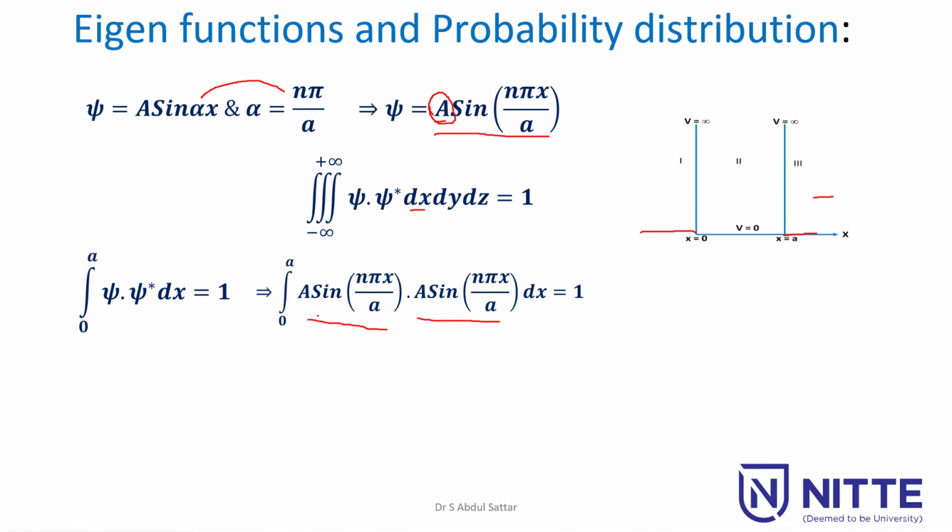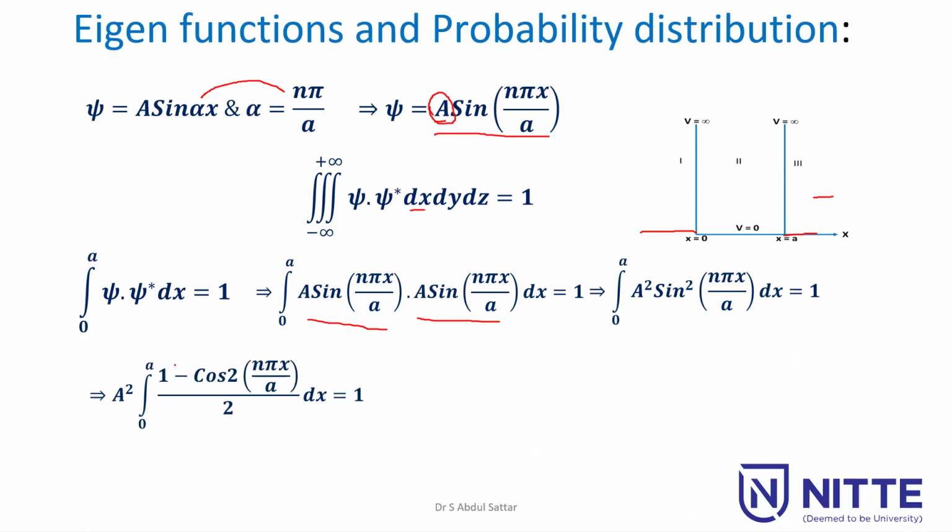This becomes A square integral of sin square n pi x by a dx equal to 1. So A square is a constant that can be taken out of the integration. But sin square n pi x by a, if you want to integrate, we use the relation sin square theta equal to 1 minus cos 2 theta by 2. By applying this, sin square n pi x by a equals 1 minus cos 2 n pi x by a, divided by 2, dx equal to 1.